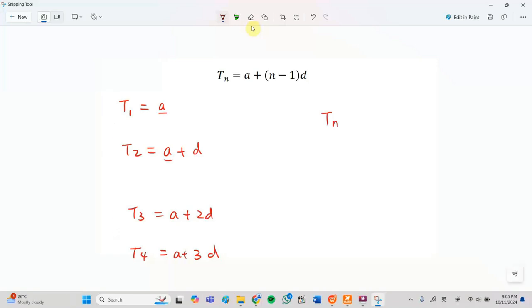Then we have A, so all four have A. Now we look at the addition, the second term. We have 0D here, we have 1D, 2D, and 3D. Whenever you have running numbers 0, 1, 2, 3, we always replace this with n. But then we find out that this value is always 1 less than the n that we already wrote here. Hence, this should be written as n minus 1 times D.